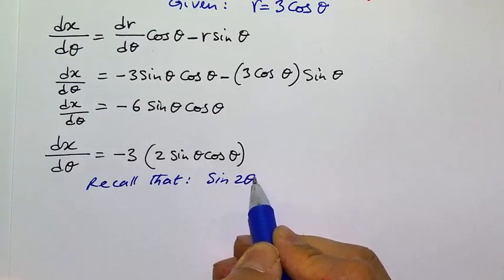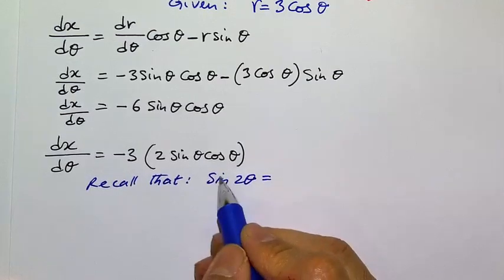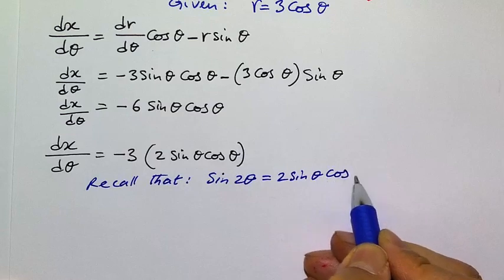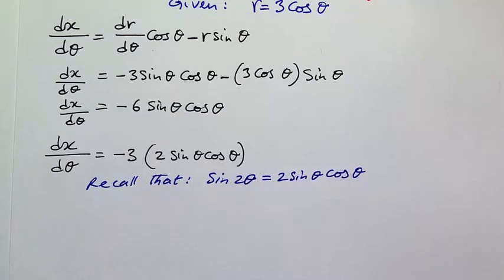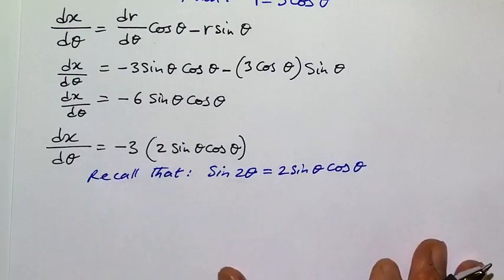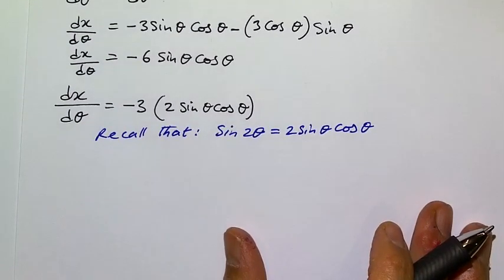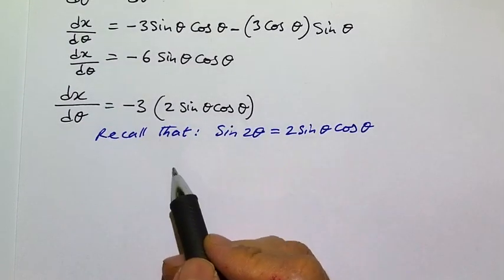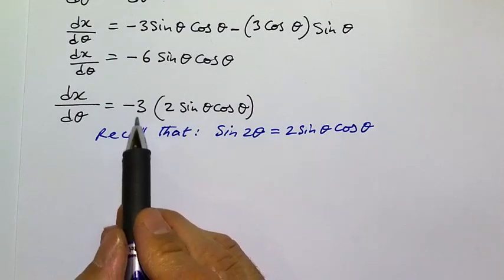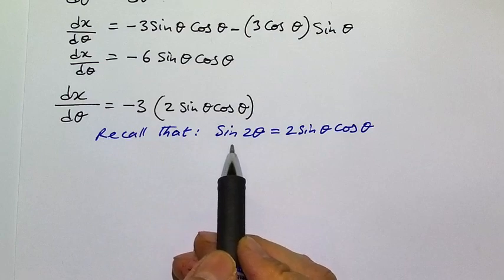Sine of 2 theta equals 2 sine theta cosine theta. Okay, recall that. And so instead of that, we say minus 3 times sine 2 theta.